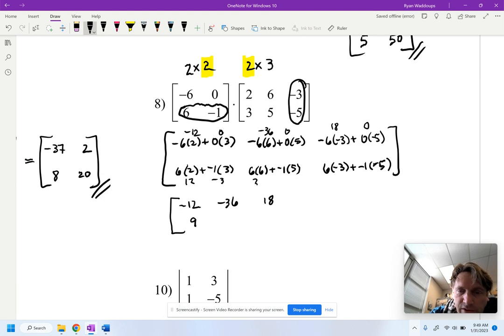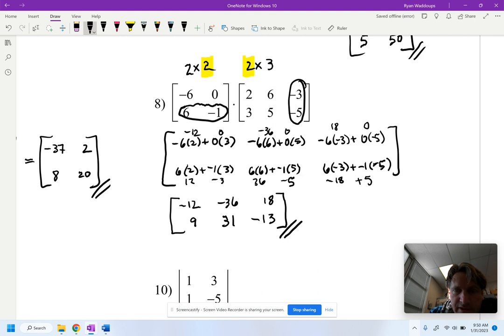And then I've got 36 plus negative 5, which would be 31. And then finally over here, I got negative 18. Negative 1 times negative 5 would be positive 5. And negative 18 plus 5 would be negative 13. And that would be the final result here.